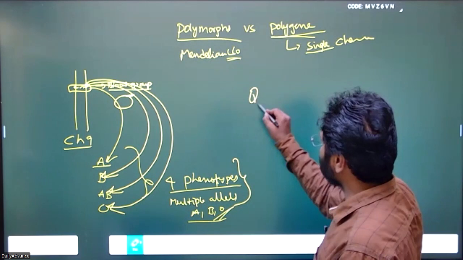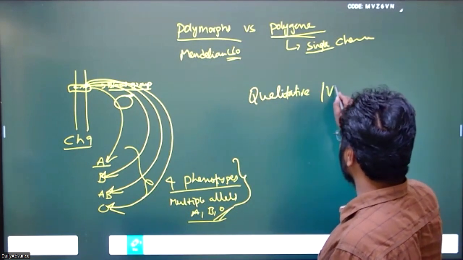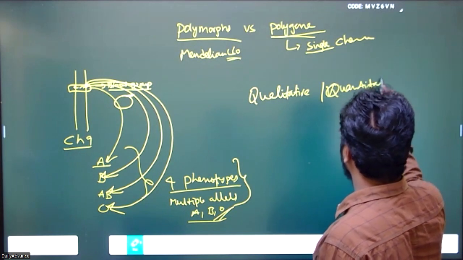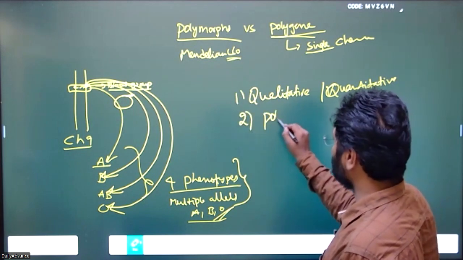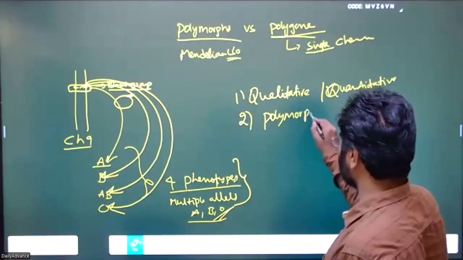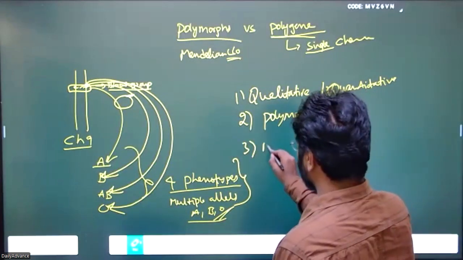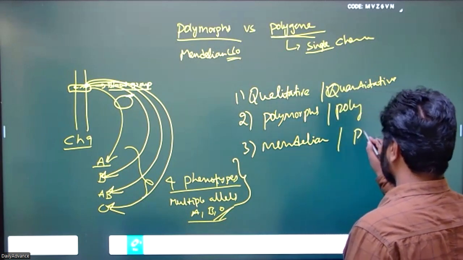So, qualitative traits versus quantitative. Qualitative versus quantitative. Okay. So, the second thing is polymorphs versus monomorph. Polymorphs versus polygenes. So, Mendelian genes versus polygenes.